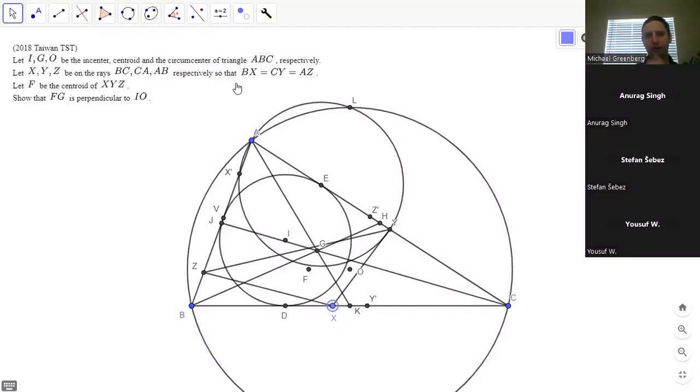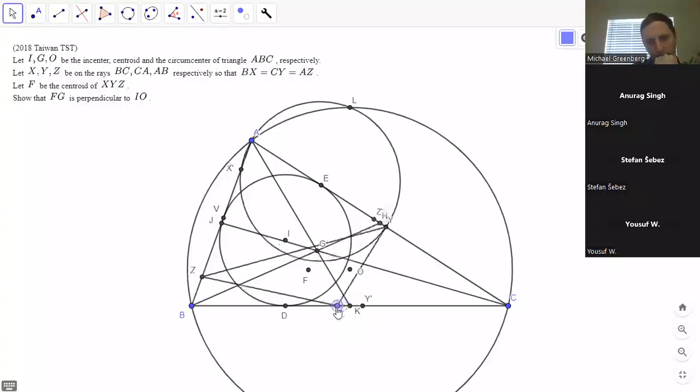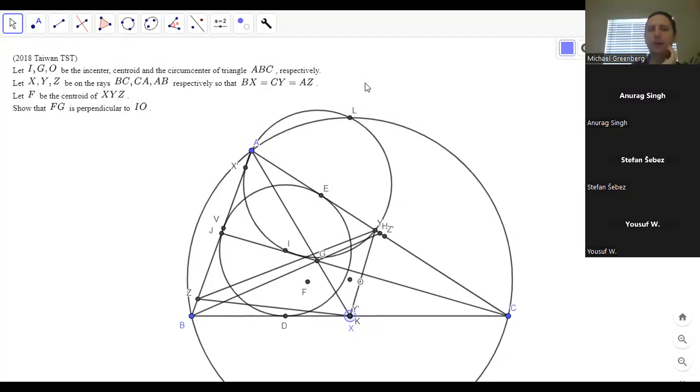But yeah, we're trying to figure out how we use this length condition. Yeah, I'm not sure.